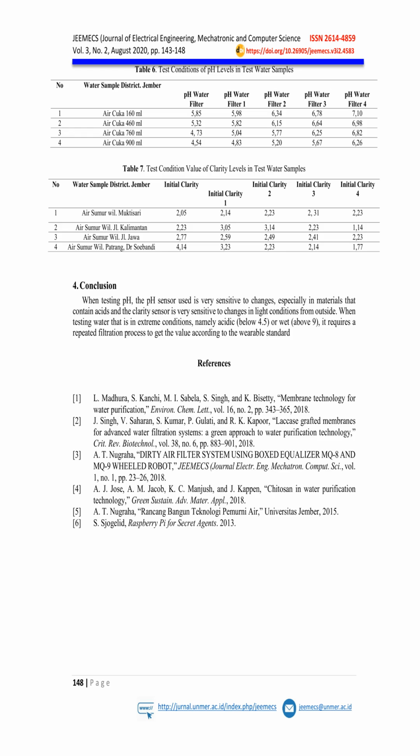A. J. Joseph, A. M. Jacob, K. C. Manjush, and J. Kapen, Chitosan in Water Purification Technology, Green Sustainable Advanced Materials Application, 2018. 5. A. T. Nugraha, Rancang Bangun Teknologi Pemurni Air, Universitas Jember, 2015. 6. S. Sajoled, Raspberry Pi for Secret Agents, 2013.